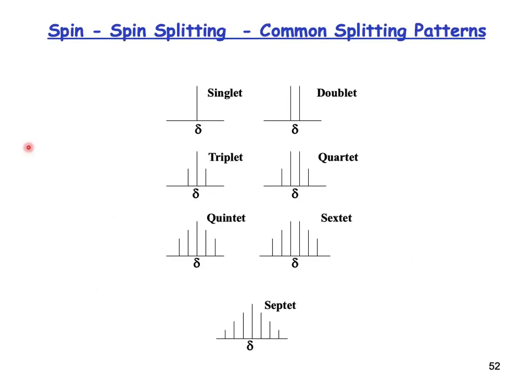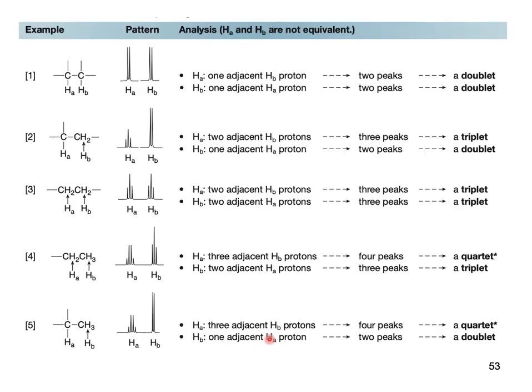The common splittings observed in an NMR spectrum are singlet, doublet, triplet, quartet, quintet, sextet, and septet. One line is called a singlet, two lines a doublet, three lines a triplet, four lines a quartet, five lines a quintet, six lines a sextet, and seven lines a septet. This is how the splitting occurs.